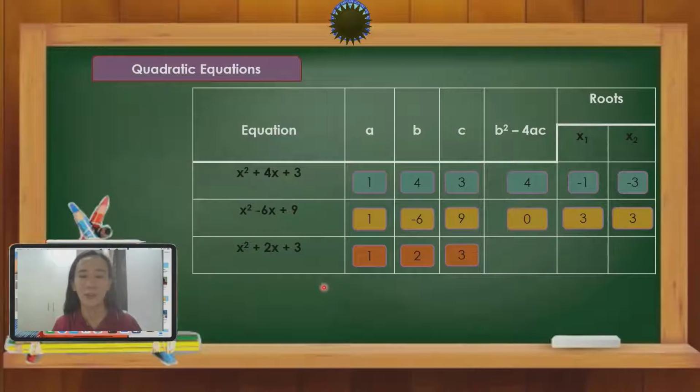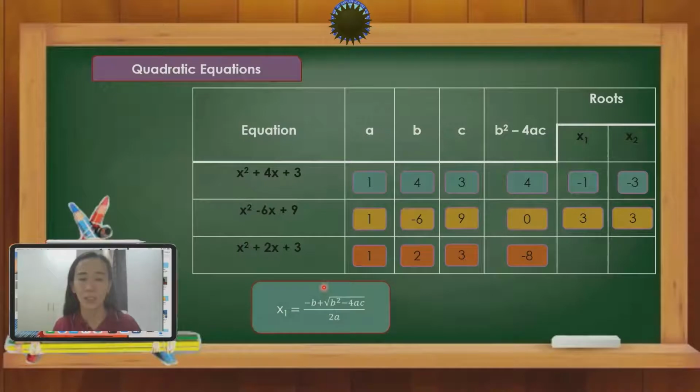What's the value of our b squared minus 4ac? Fantastic, Guadans! That is negative 8. So using the quadratic formula, what is the value of x sub 1 and x sub 2?